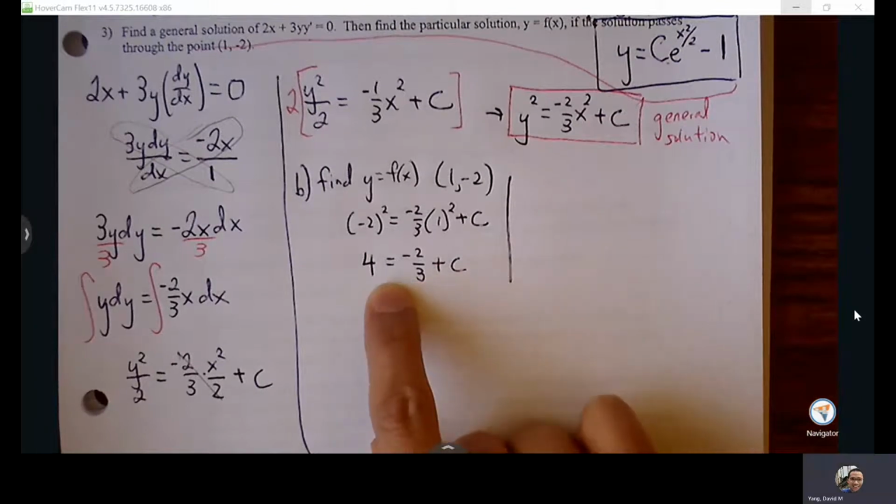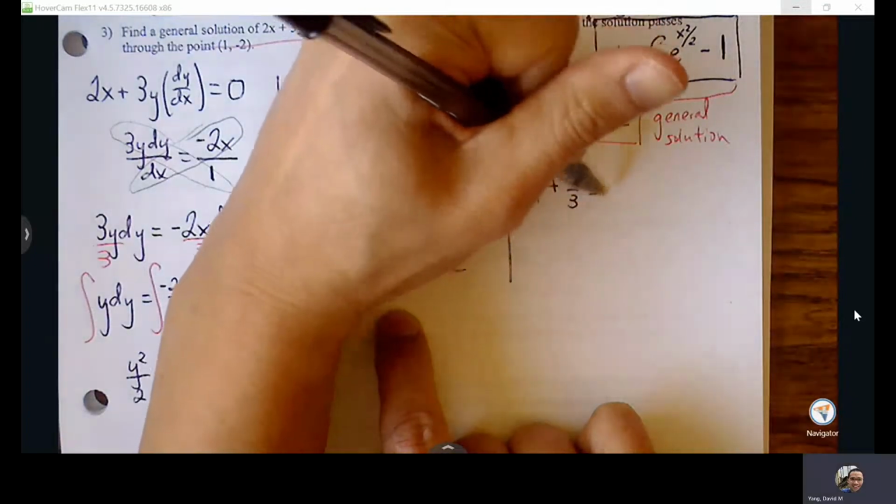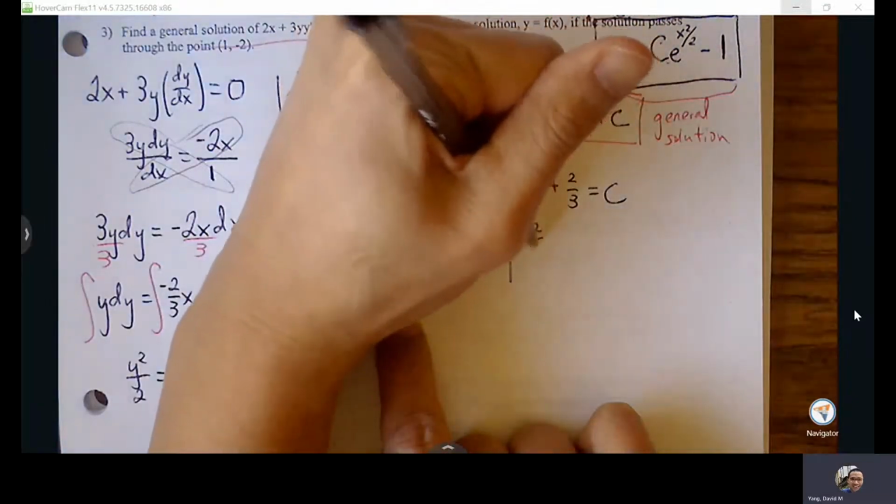Okay, add 2/3 to both sides. Common denominator.